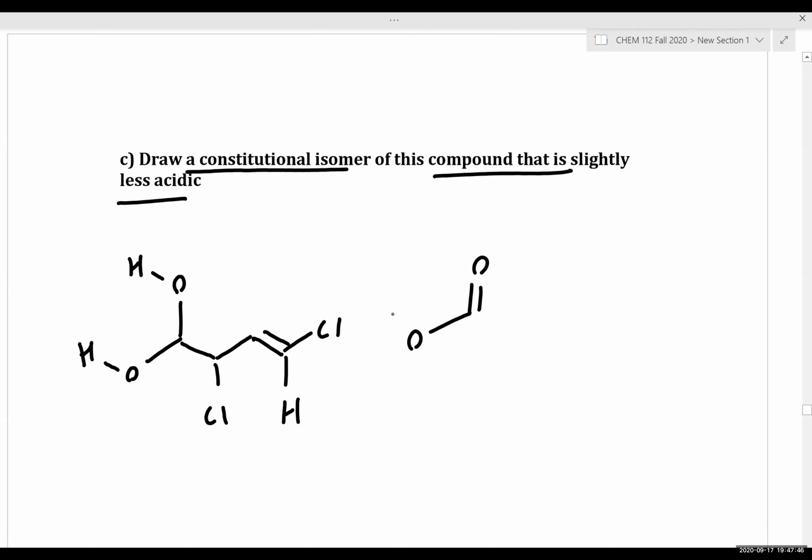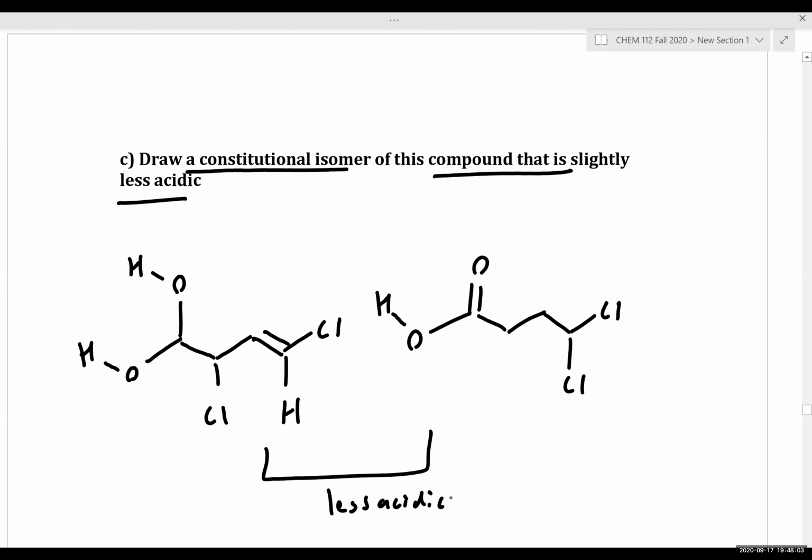The other, slightly more straightforward and equally valid response would be to put both of the chlorines as far away from our acidic proton as possible. And both of these compounds will be less acidic. Does that make sense to everyone?